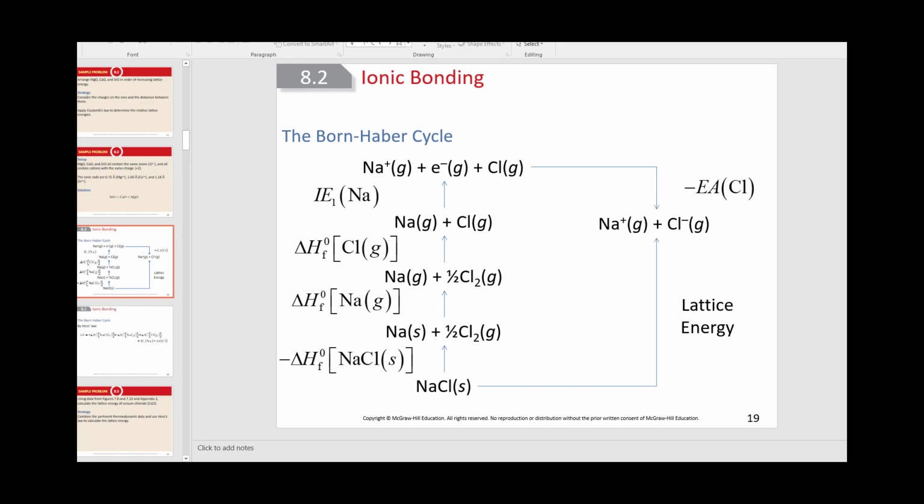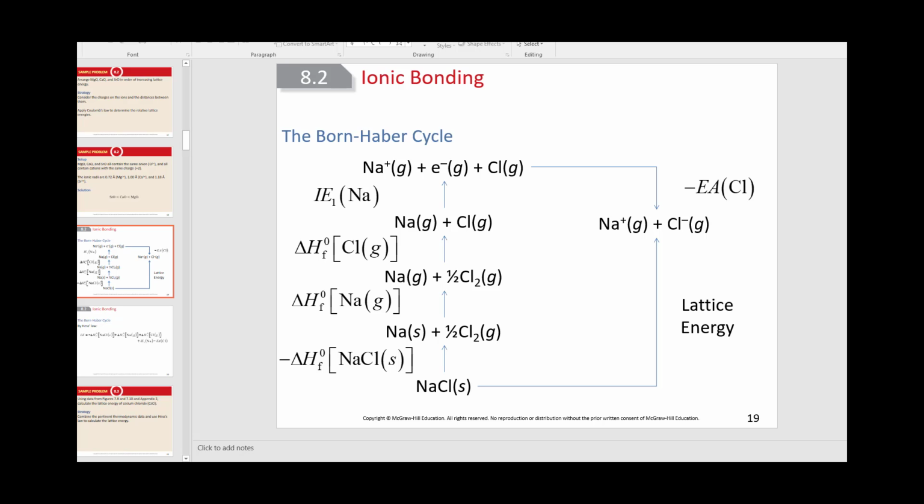These first three energies are all going to be from Appendix 2, those standard enthalpies of formation, for the compound, then for each of the individual elements as atoms, because standard enthalpy of formation for an element is only 0 if it's in its standard state. Standard state for sodium is a solid, not a gas, so I have to change it. Standard state for chlorine is a diatomic, not a monatomic Cl, so we have to change that as well. So that's the first three steps.